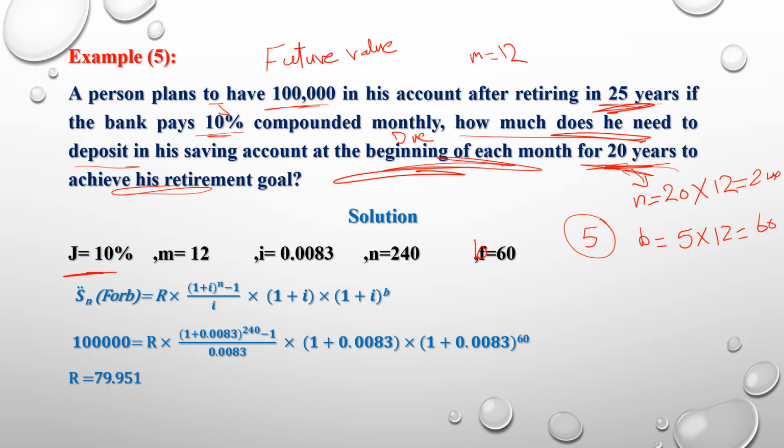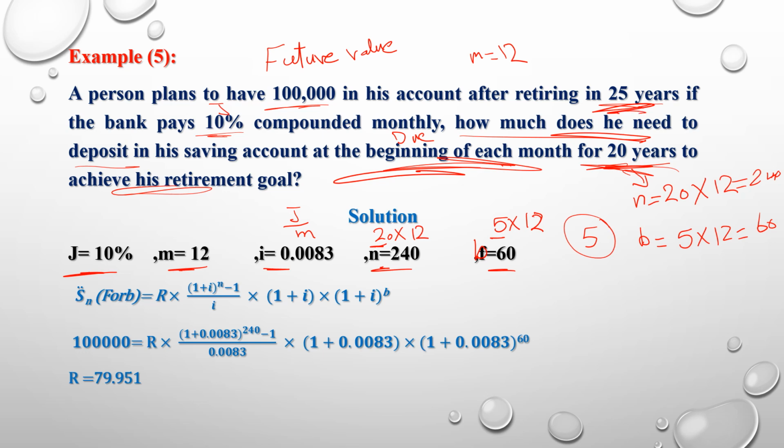So J is 10%, M is 12, I is J over M, and N equals 20 years times 12, 240 periods or payments. B, which is the accumulation period, equals 5 years times 12. So 5 years and 20 years equals 25, which is the whole period.